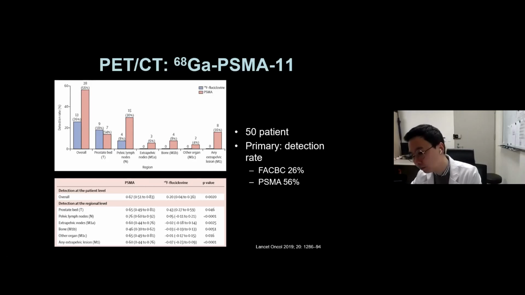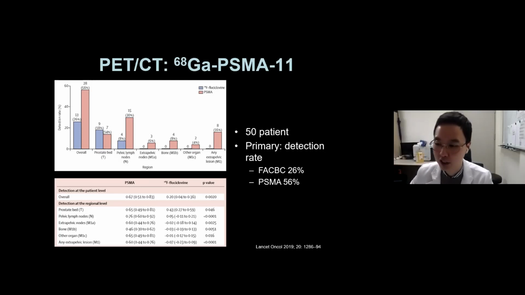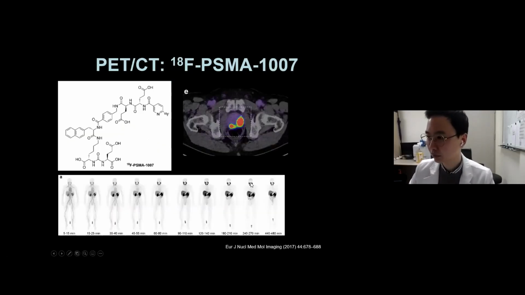And it could be since this PSMA, as you have seen from the biodistribution data, there is a quite significant bladder uptake, which may interfere the prostate bed evaluation compared to the fluciclovine.